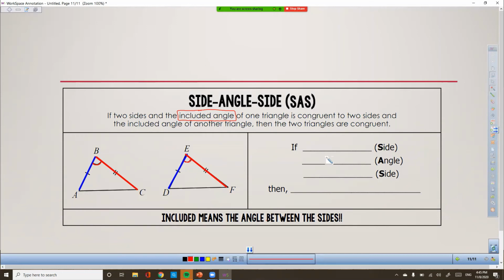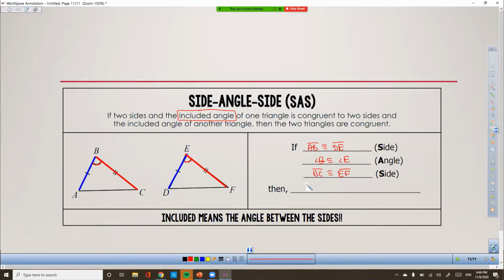So again, if side AB is congruent to side DE, then the angle has to be between those two congruent sides. Angle B is congruent to angle E. And lastly, side BC is congruent to side EF. And so again, it has to be two sides and the included angle, the angle that is between those two congruent sides.